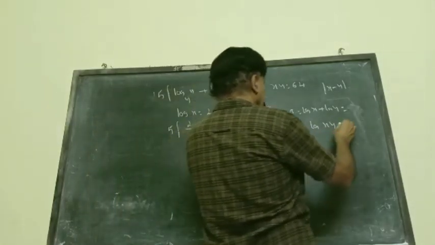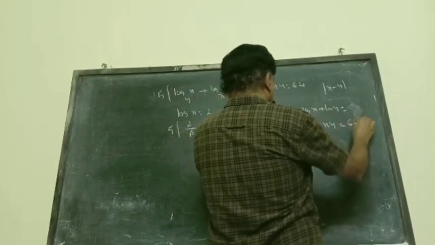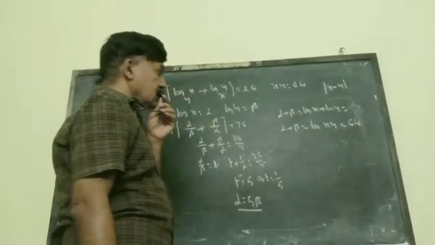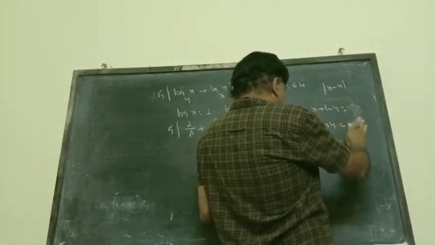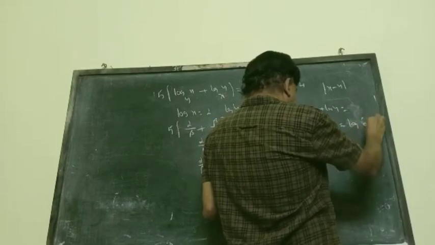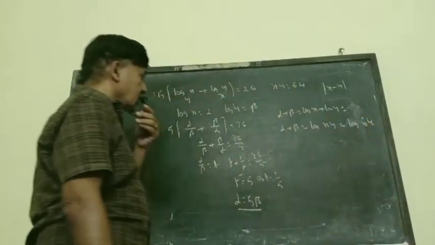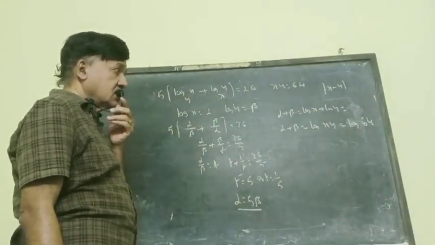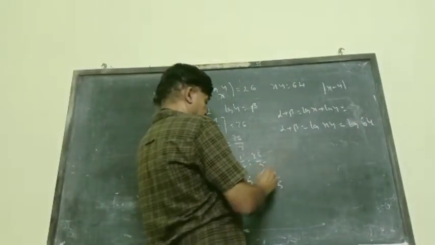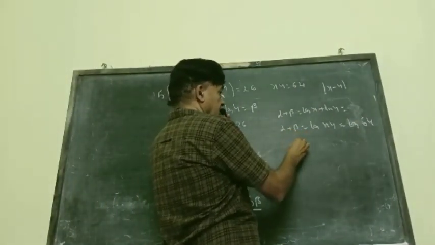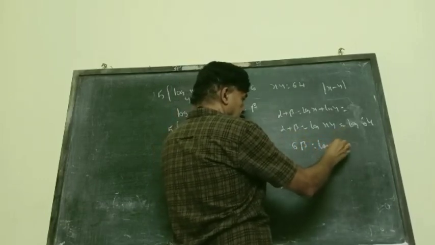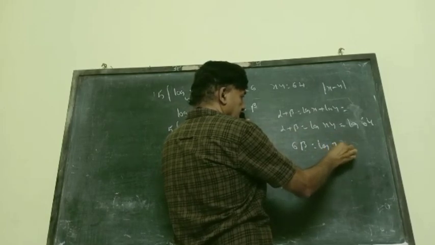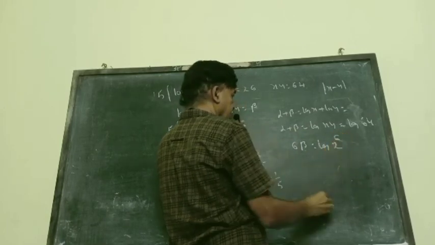Log xy is equal to how much? 64. Correct, log xy is equal to log 64. Right, no problem. Yes, understood? Now listen, alpha is what? 5 beta. So 6 beta is equal to log of, you can write it as what? 2 to the power of 6.